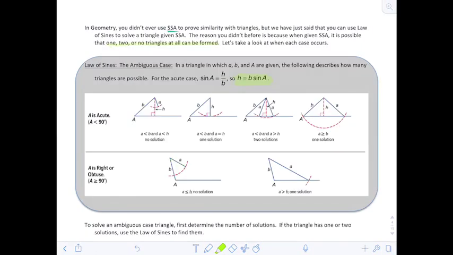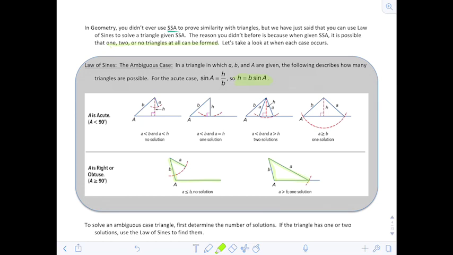If you are given two sides and then an obtuse angle, if A is less than B, then you would have no solution at all. If A is greater than B, then you would have one solution.